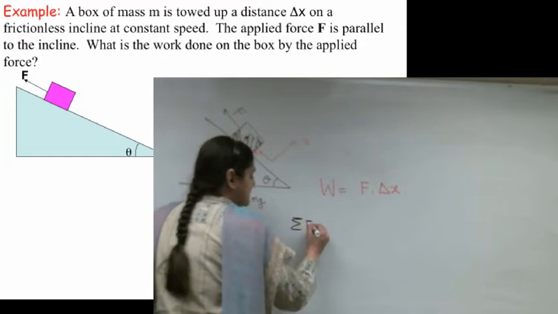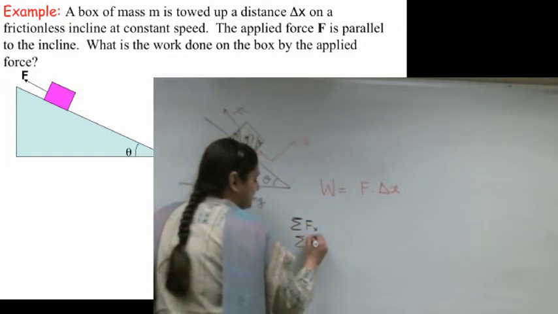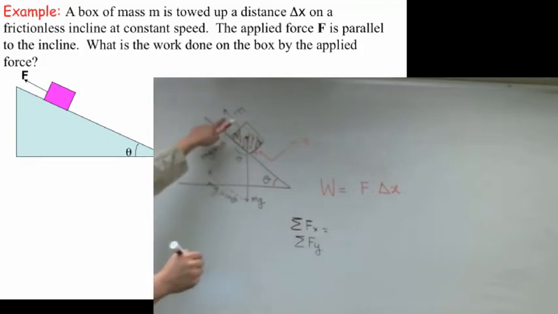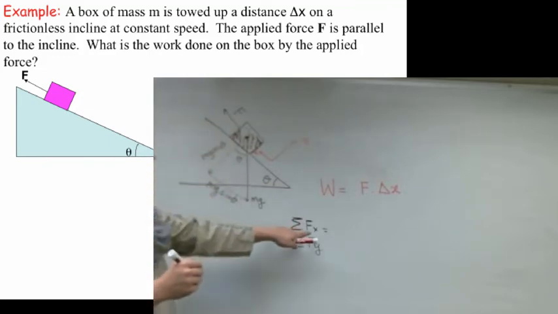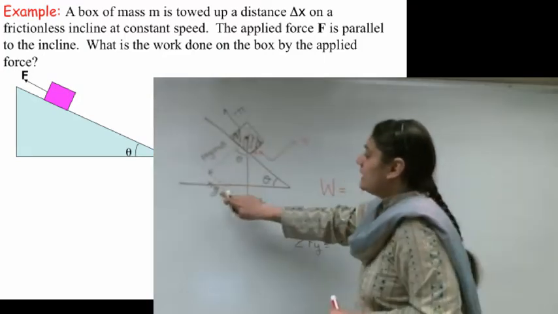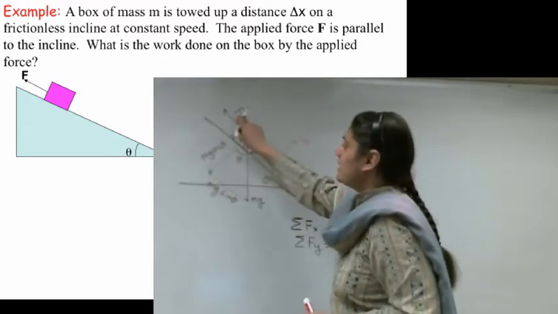Sigma Fx and sigma Fy. Sigma Fx is going to be all the components that are along the x-axis, okay? Which are going to be my mg sine theta and my force.